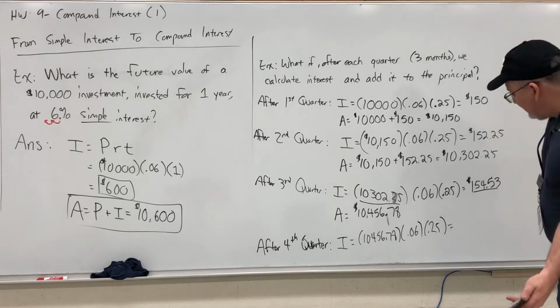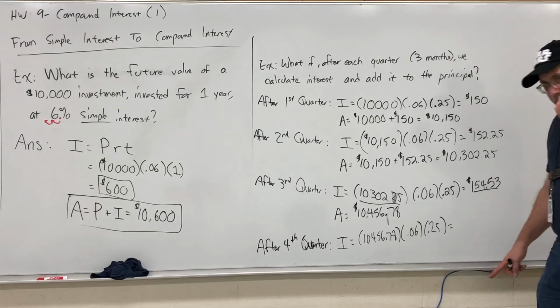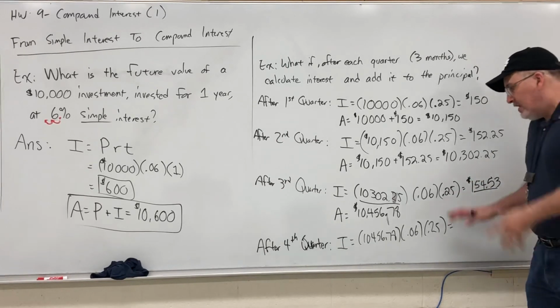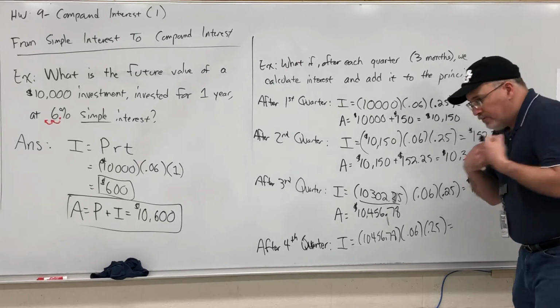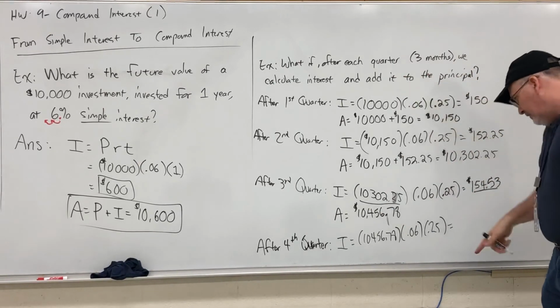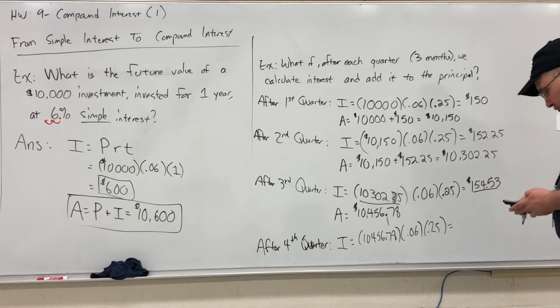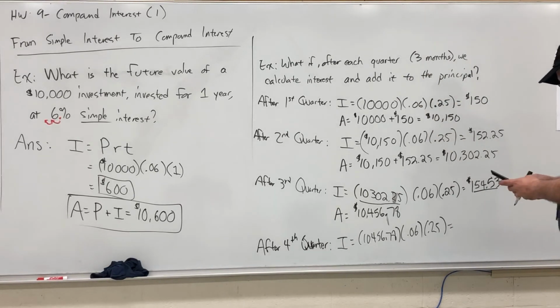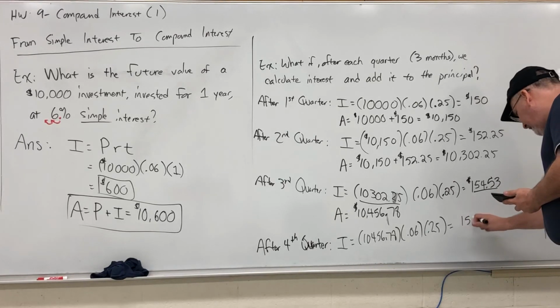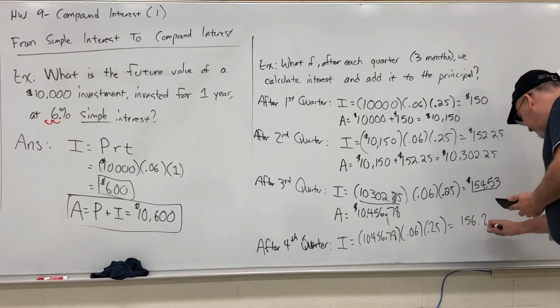And again, the reason this is just 0.25 instead of 1 for the whole year is after the third quarter, we stopped the investment clock, calculated our interest, put it back in the bank, and started the clock over again for 1 more quarter. And if you multiply all that, you get $156.85 to the nearest cent.